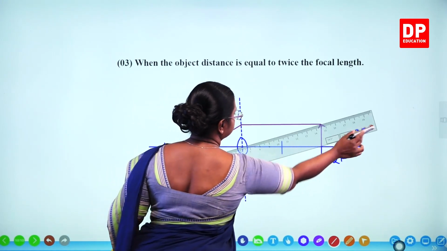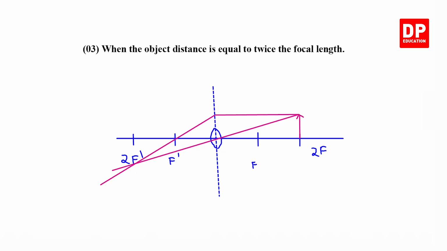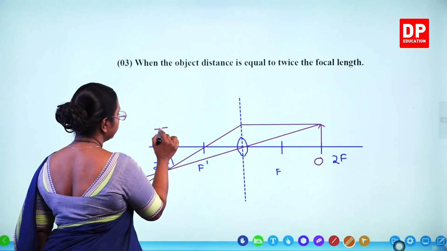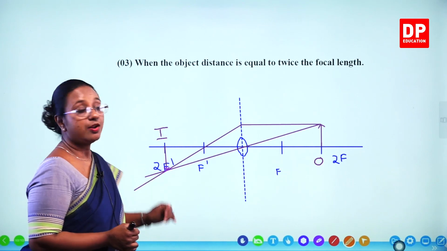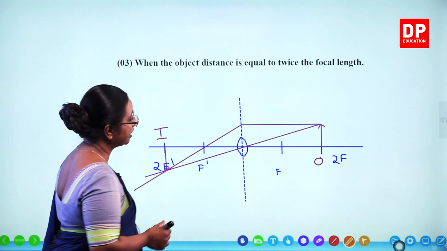A ray coming through the optical center goes straight like that. It does not undergo bending. So where do you get the image? Get the image there. So on 2F itself, we have the object here, we have the image here. And also you all know the size of the object and the size of the image are equal.